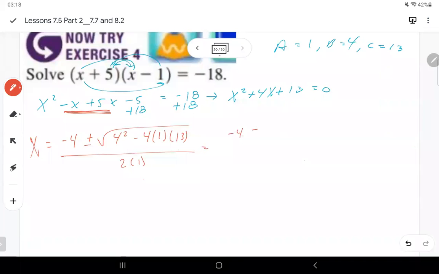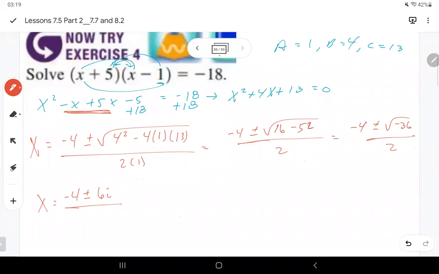So -4 plus or minus the square root of 16 minus 4 times 13, which is 52, divided by 2. 16 minus 52 gives me a -36. So -4 plus or minus the square root of -36 over 2. So we're looking at x equal to -4 plus or minus 6i over 2.